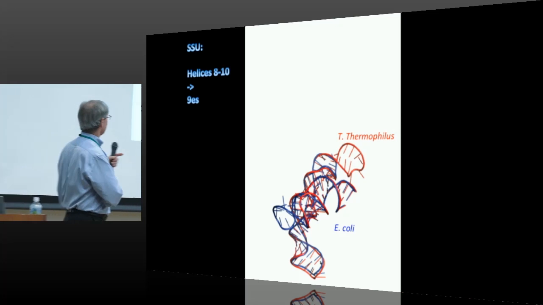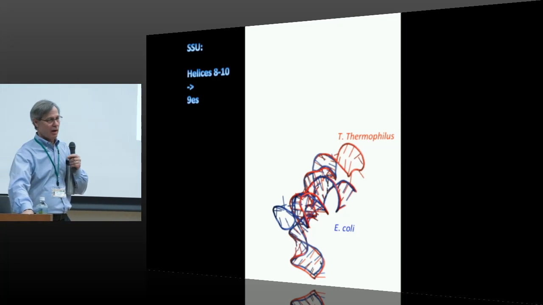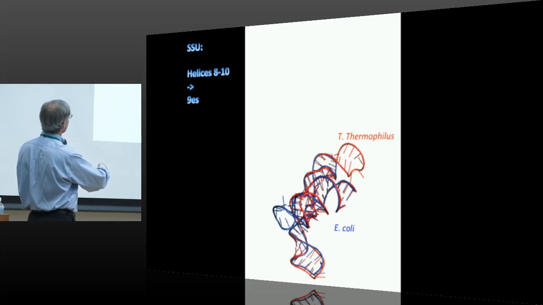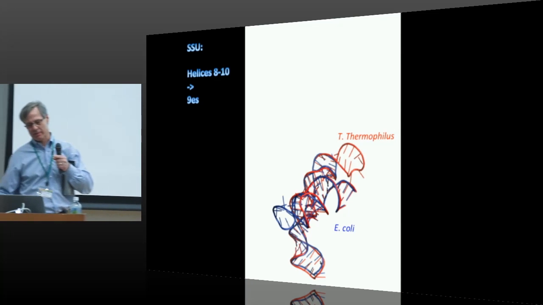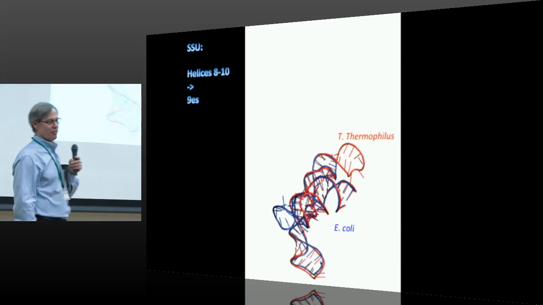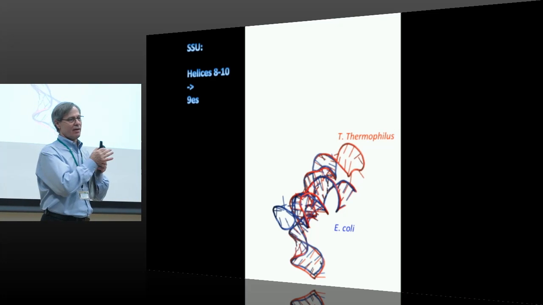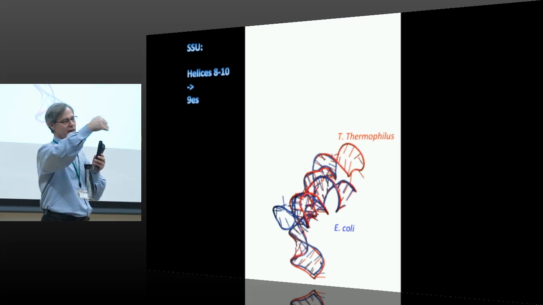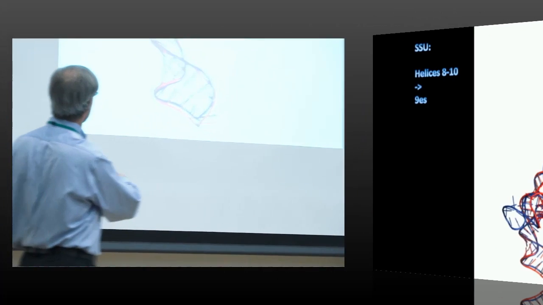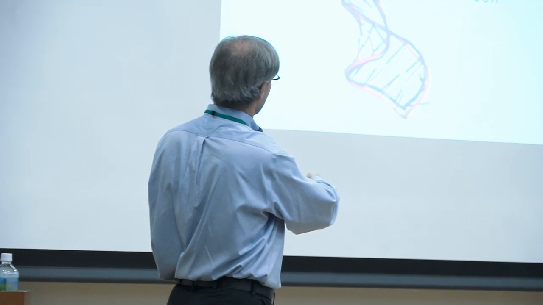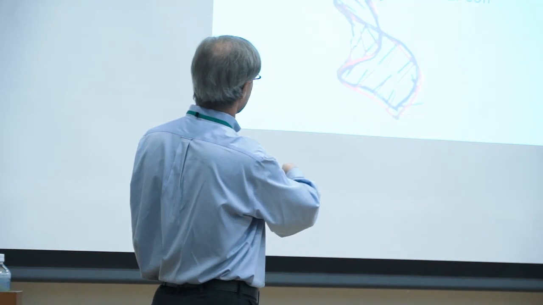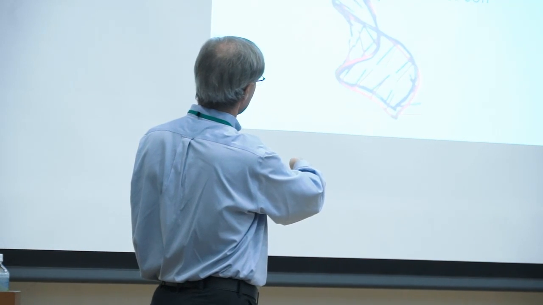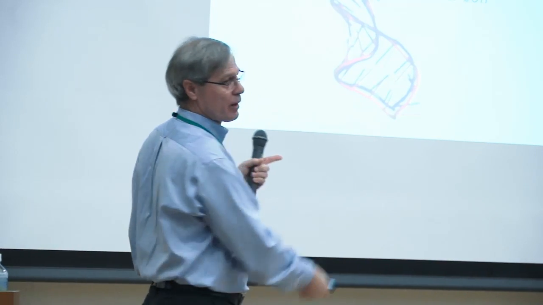Yes, here's an example of exactly that. This is in the small subunit, and you see this blue, E. coli has this, and sorry, this is Thermus thermophilus. Anyway, these are both bacteria, so I can't really show that here. But yes, we have places where things get added on and taken off. Here you can see a place where Thermus has lost, or the common ancestor, something got added onto E. coli but not Thermus, and then something got added onto Thermus but not E. coli.